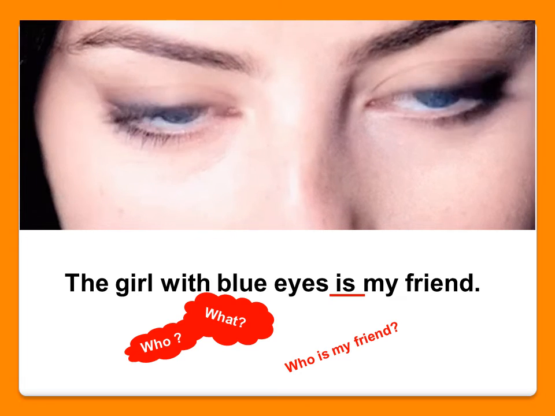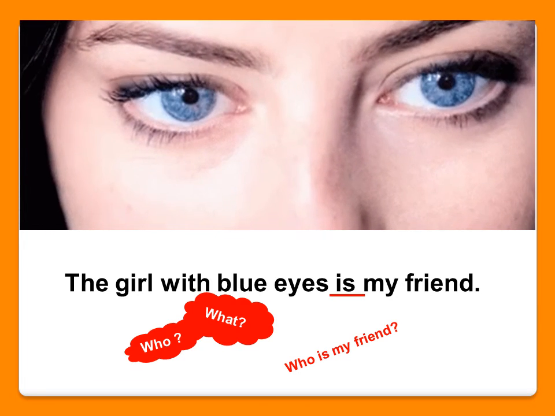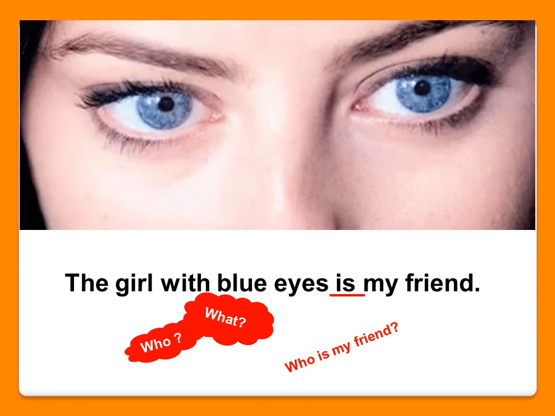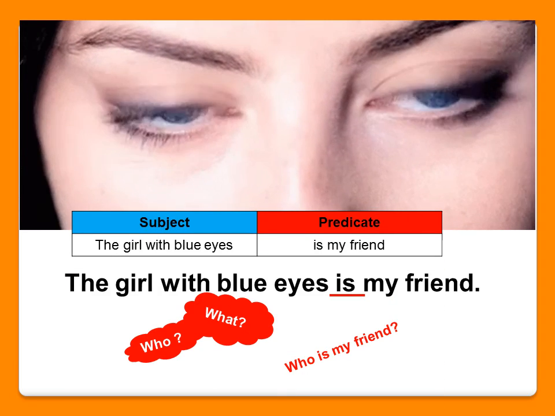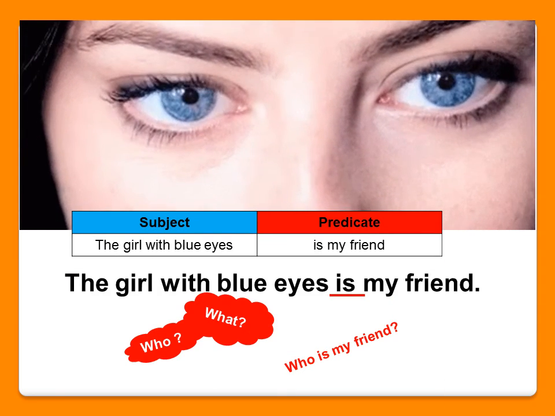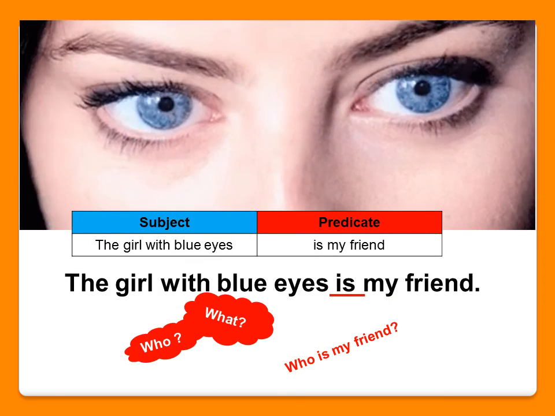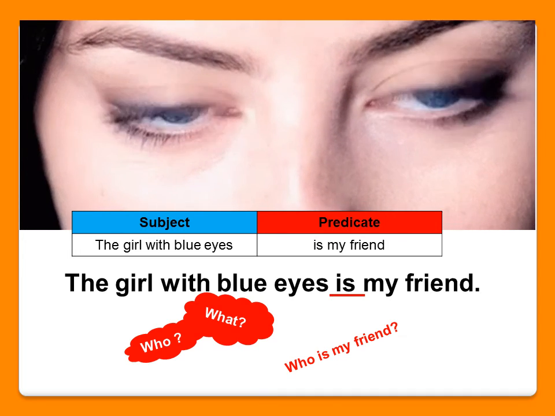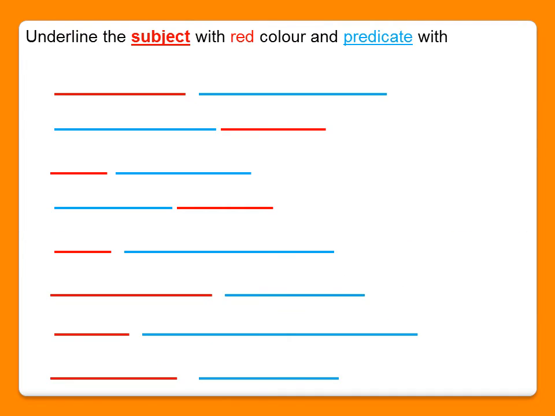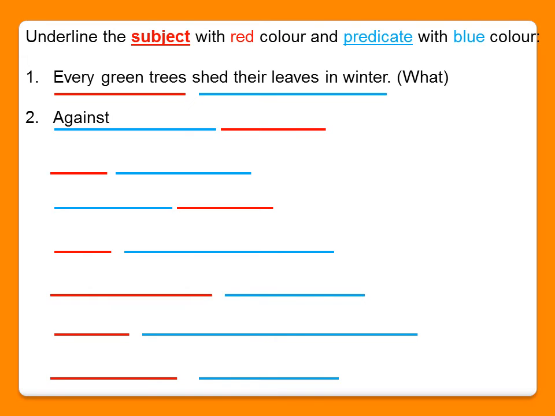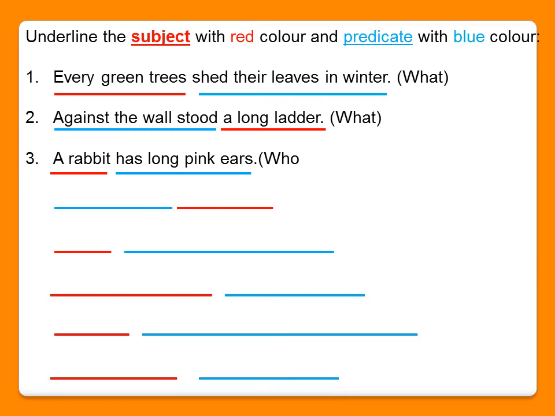So, the subject is the girl with blue eyes and predicate is is my friend. Here are few more examples related to subject and predicate. I have underlined the subject with red color and the predicate with blue color. Please go through these examples.